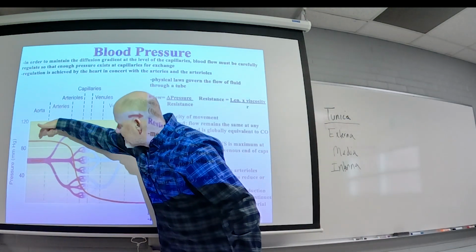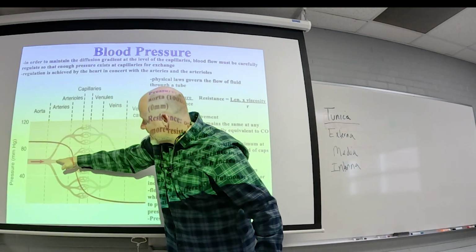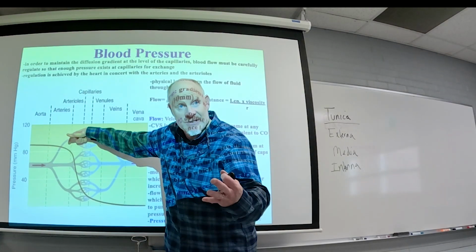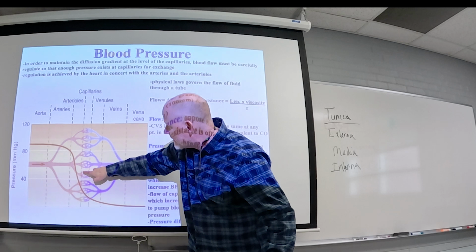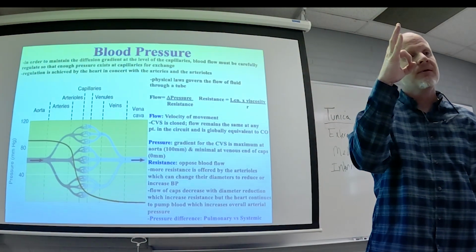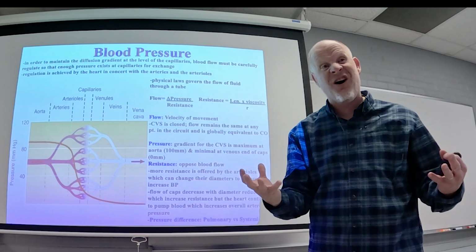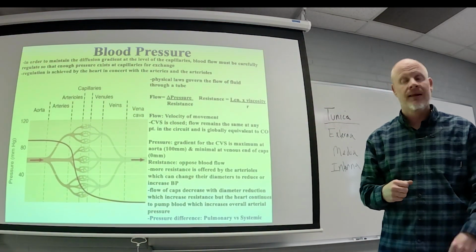So that's why it's pretty high here for a little while, right? Because these are big blood vessels, and there's a lot less resistance. And then as they get into smaller and smaller vessels, when they hit the arterioles, they plummet because those are the smallest diameter arteries. And you're converting all of that pressure into heat at that point.